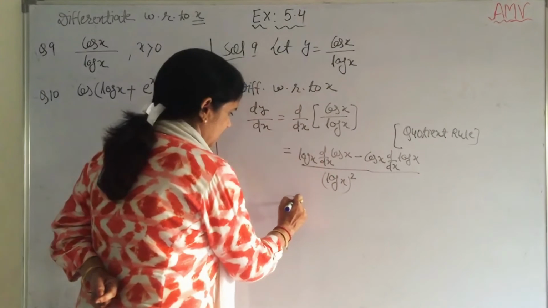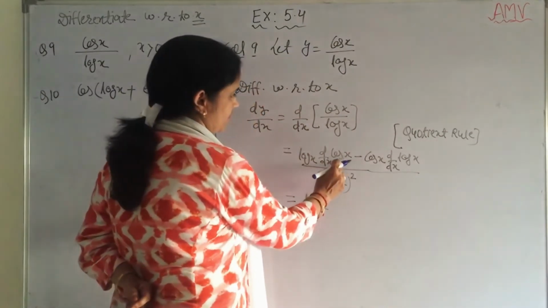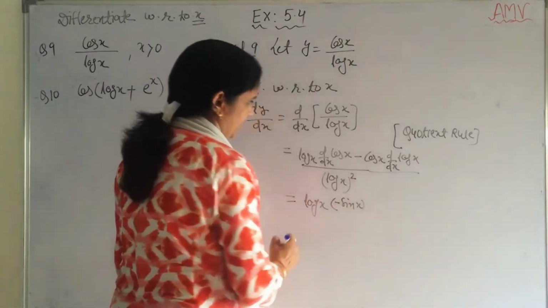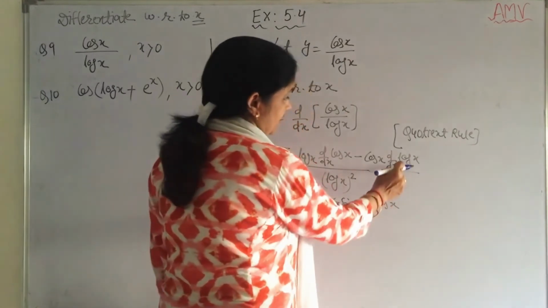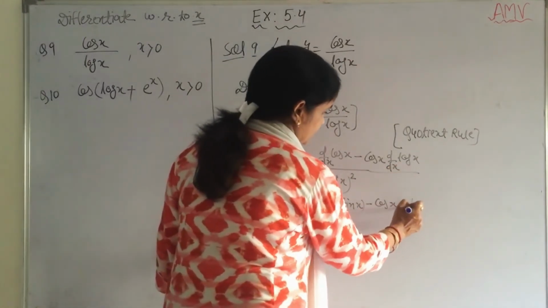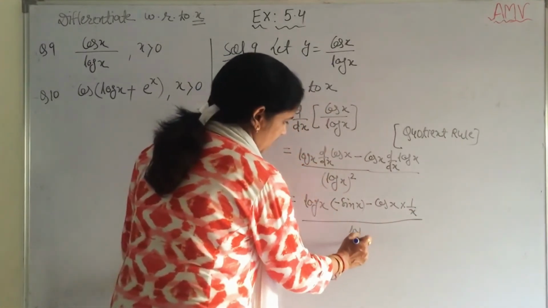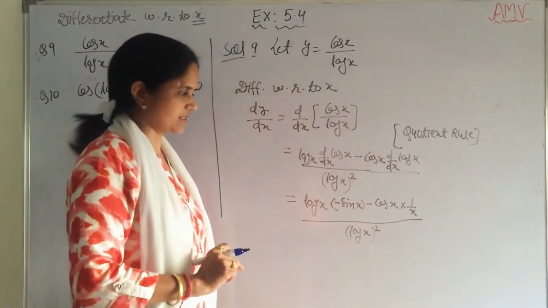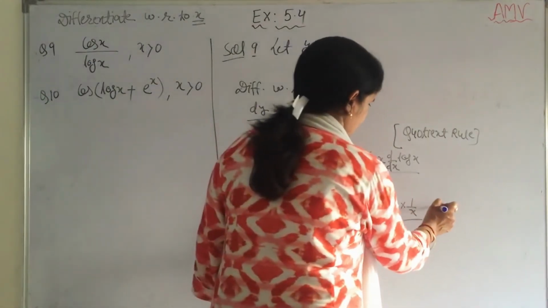Okay. And now solve it. Log x, derivative of cos x, it's minus sin x. Okay. Here minus cos x, derivative of log x, it is 1 by x and here it is (log x) whole square right as it is. Now here x take LCM. Okay.